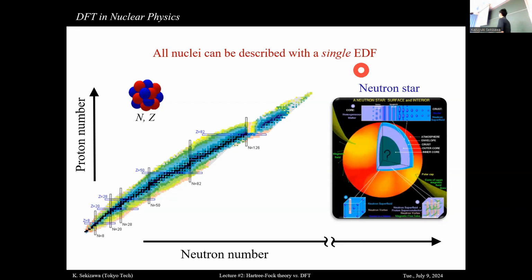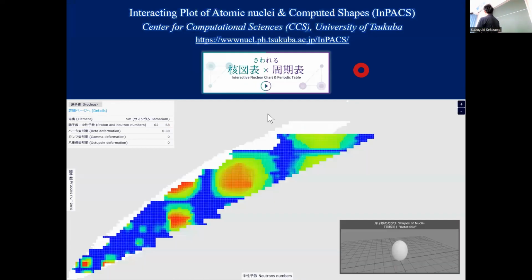Okay. And this is just an example. This website is provided by the University of Tsukuba Center for Computational Sciences. They make some systematic calculations based on density functional theory for atomic nuclei.